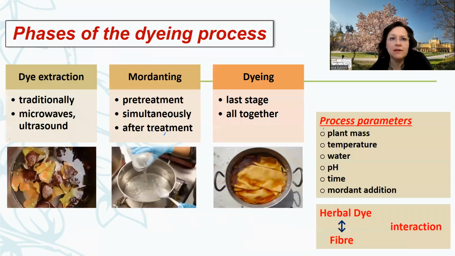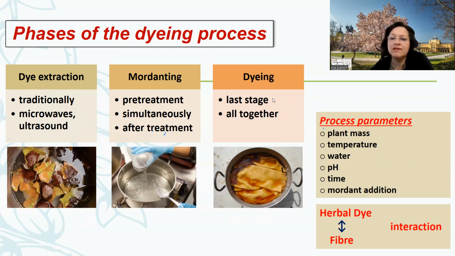So we can carry out dyeing with natural dyes in three phases. The first is, of course, dye extraction. We can carry out dye extraction as a traditional process, or we can use some modern techniques such as microwaves or ultrasound. The second phase is mordanting. Mordanting can be carried out as pre-treatment, at the same time with dyeing, or as an after-treatment process.